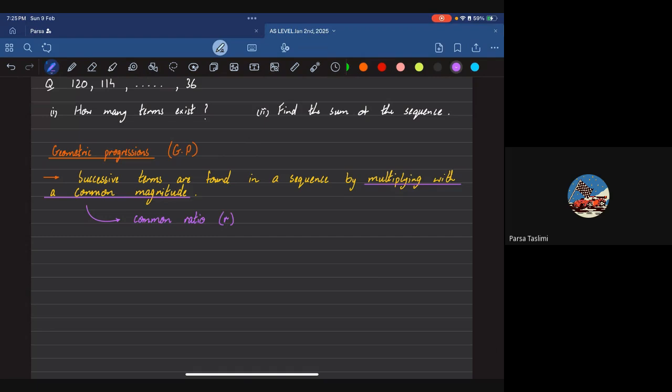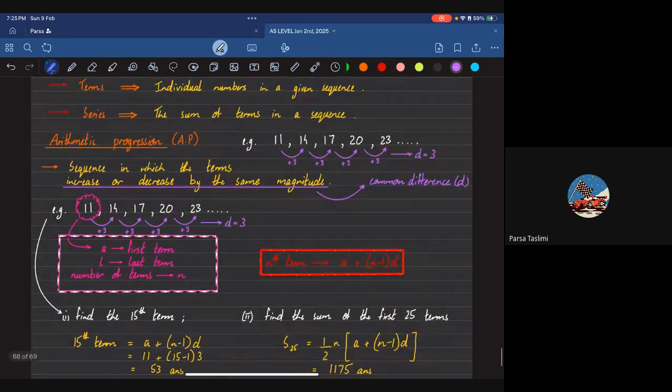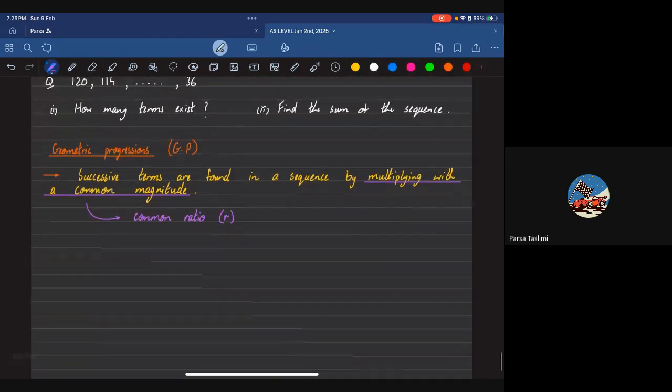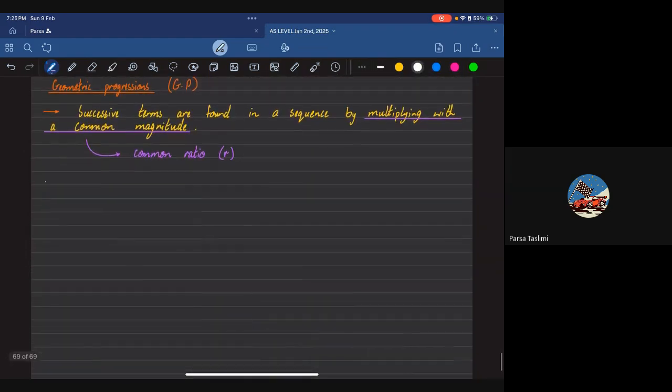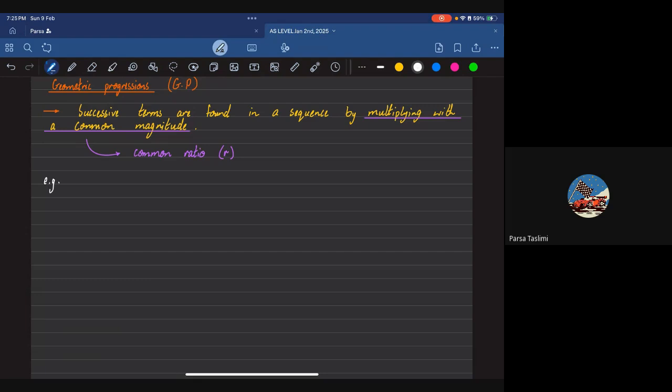Now, let us take an example. Above we only have AP. I thought I had written down a geometric progression. So, I'm going to use a very simple example: 24, 48. This is a sequence.